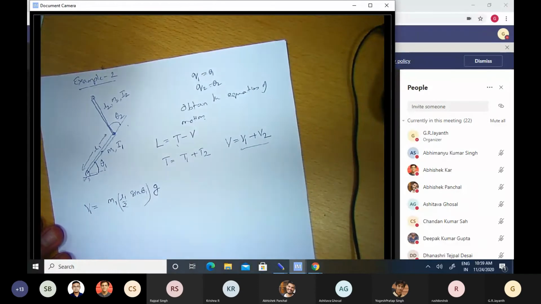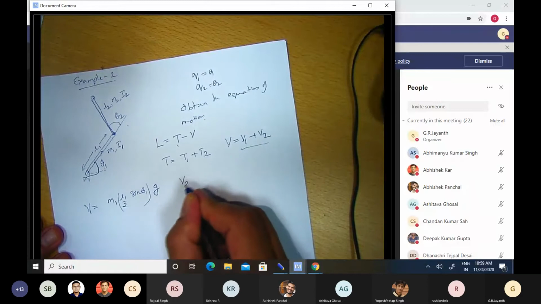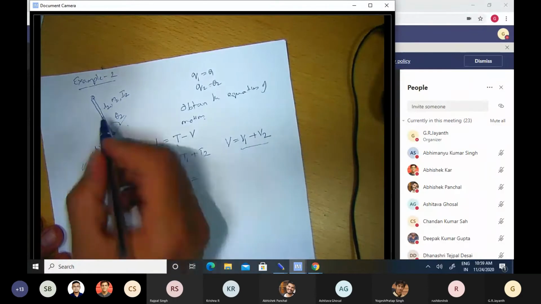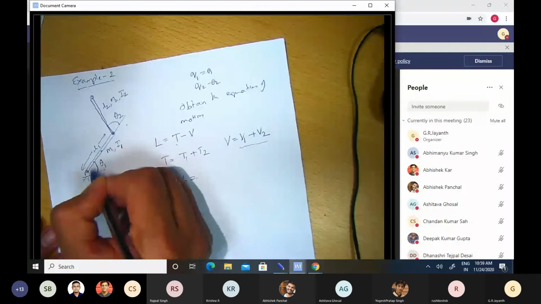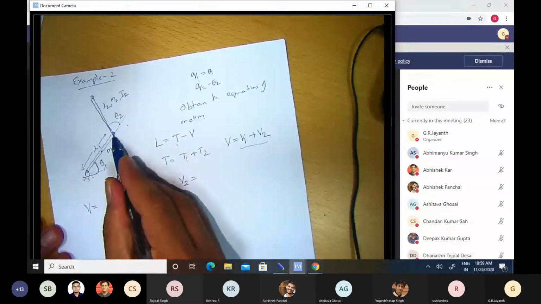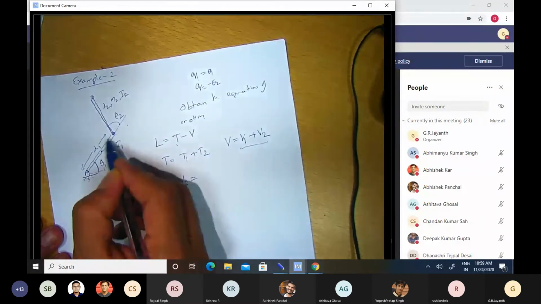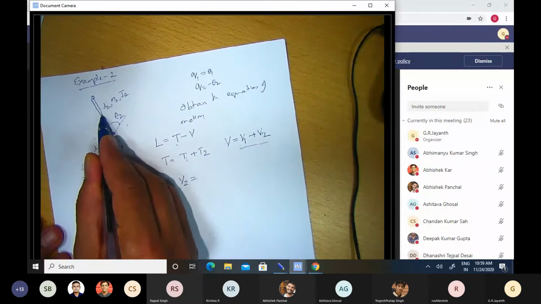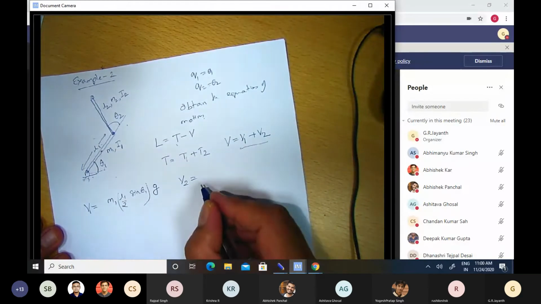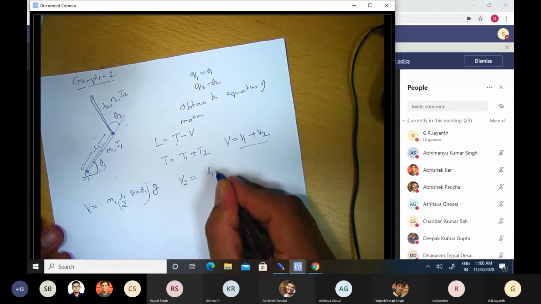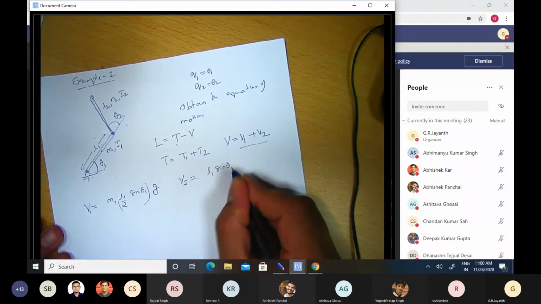That's it. Okay, the potential energy for the second link requires us to compute the height of the center of mass of that second link from the ground. And if you see, it's the height of the first joint from the ground plus the height of the center of mass from the first joint. So the height of the first joint from the ground will be L1 sine theta 1.